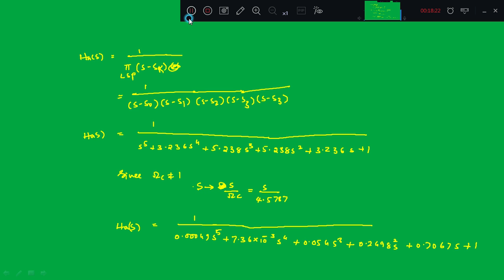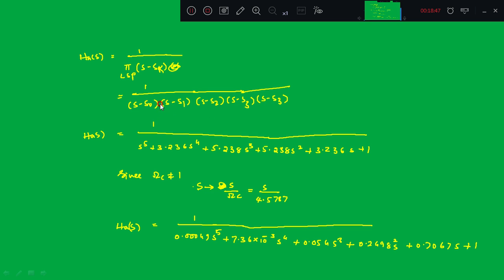You can find the transfer function. Once you find the poles, next you can find the transfer function, that is 1 divided by, only considering the left half of the plane. The poles lie in the left half of the plane, right? How many poles lie in the left half of the plane? 5, right? That is S minus S0, S minus S1, S minus S2, S minus S3, and S minus S4.